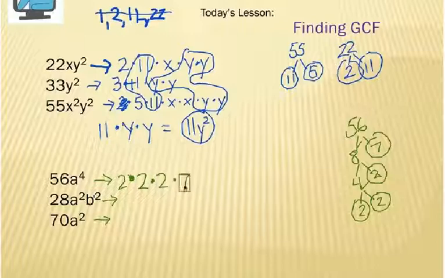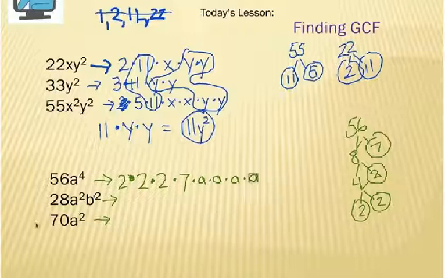I should be able to multiply those together to get 56. The a to the 4th part is just written in expanded form, and of course that means 4 a's multiplied together: a times a times a times a. Alright, that's my prime factor list for 56a to the 4th.